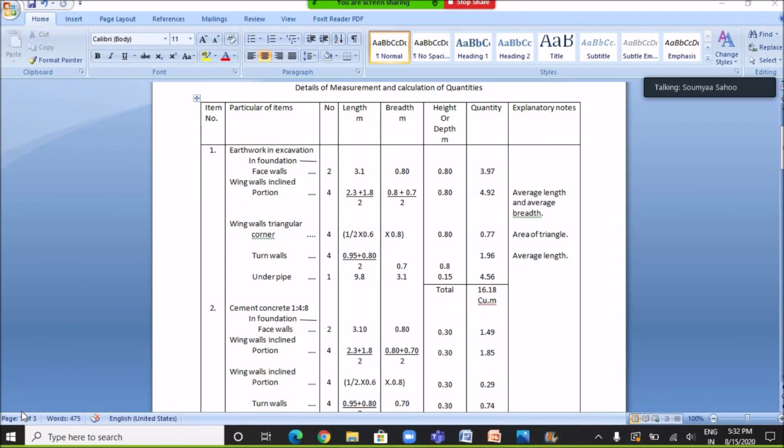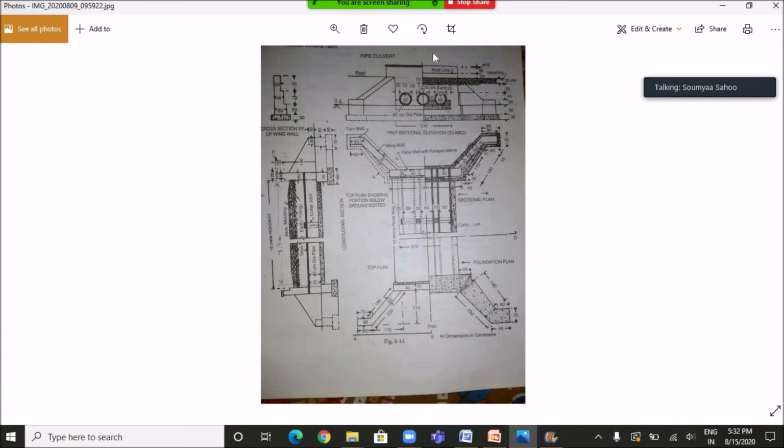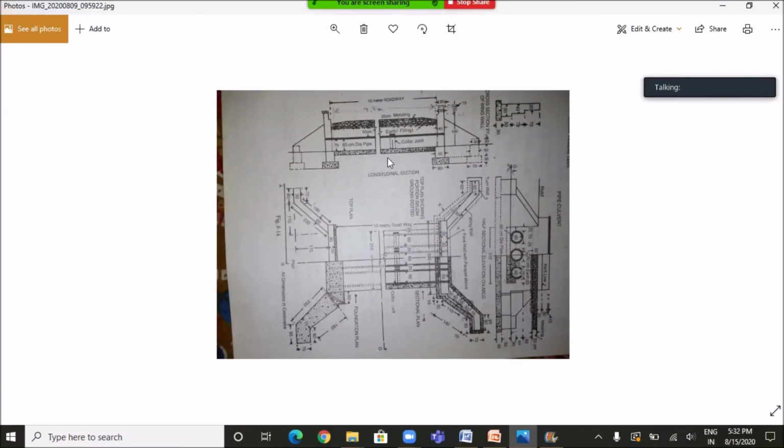Okay. Next, the excavation work is to be carried out for underpipe. So if you see the figure, the total length from this point to this point is given as 10 meter. But the excavation work for the underpipe is to be carried out from this portion to this portion. So here you can see this width is 40 centimeter and below that the footing width is 50 centimeter.